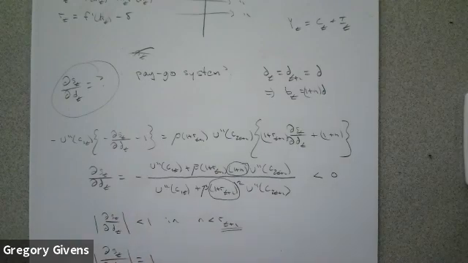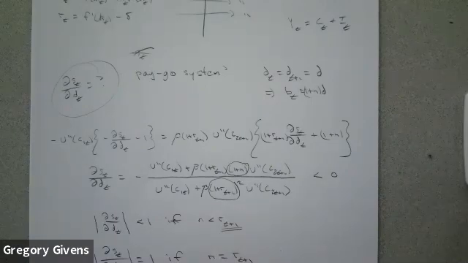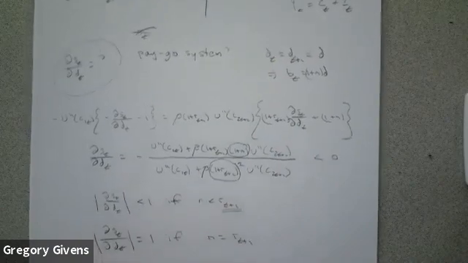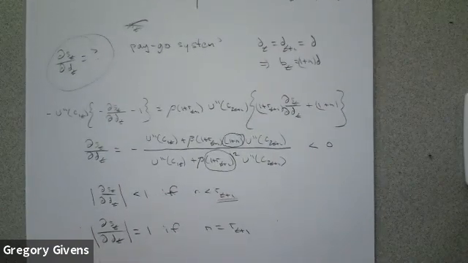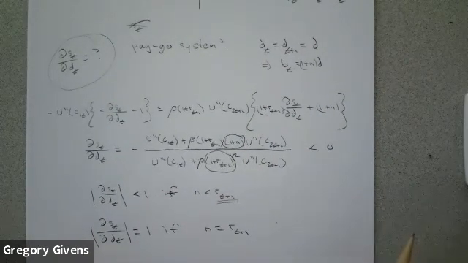This comparative static is equal to 1 if N is equal to R. Now we have a situation that is basically observationally equivalent to a fully funded system, right? If N is equal to R, then the numerator and the denominator are exactly the same, and a $1 increase in Social Security would simply reduce private savings by $1.